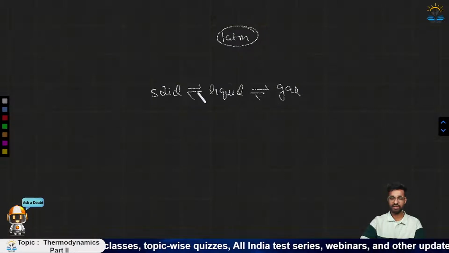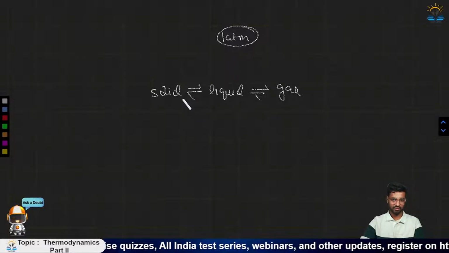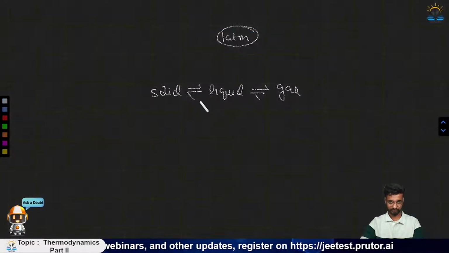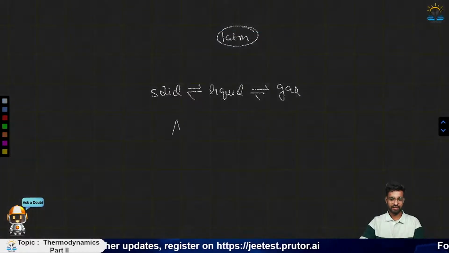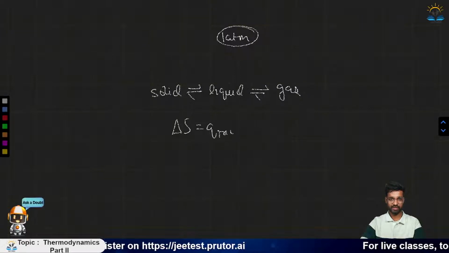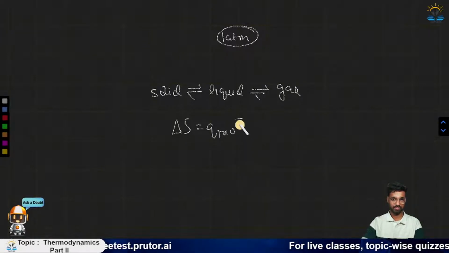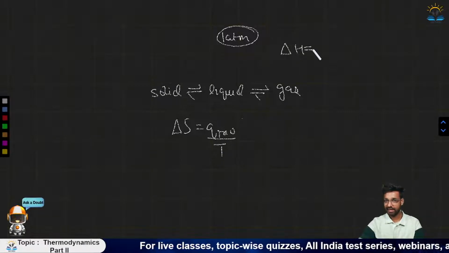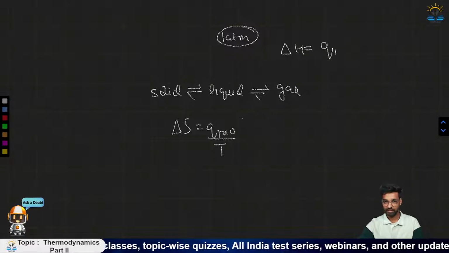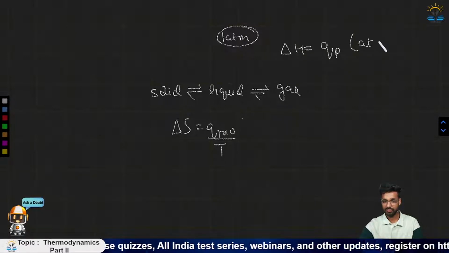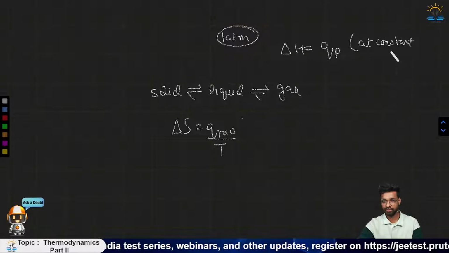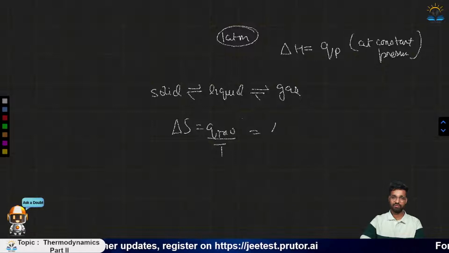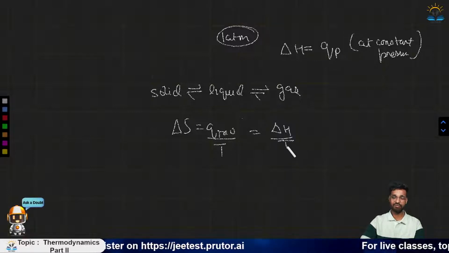So for constant pressure, we have a formula, and we use that formula always. Now delta S is equal to Q reversible by T. We know this. Now since this is happening at constant pressure, and at constant pressure delta H is equal to QP, it will be simply delta H by T for any transformation we consider.